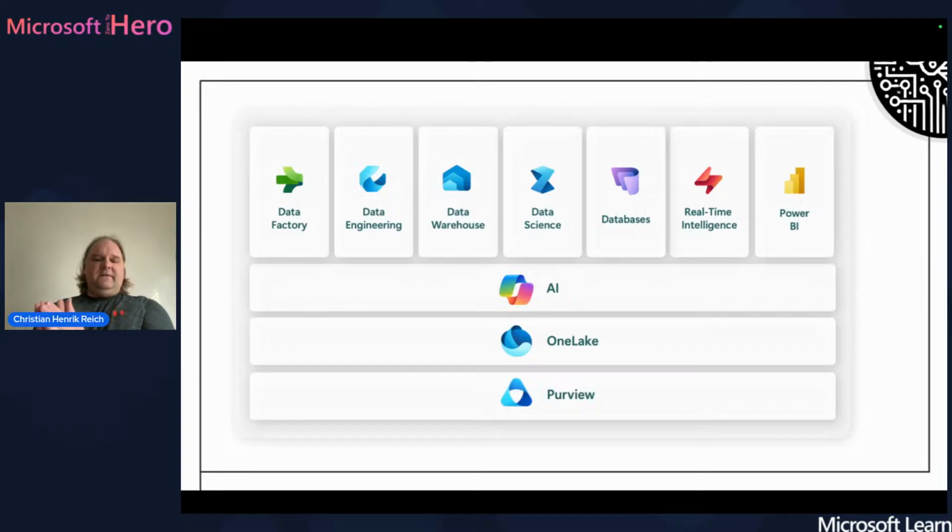And what we have in Fabric is OneLake, and OneLake can somewhat remind you of a traditional Data Lake Gen 2. It's actually the same technology, and it's residing in a Power BI workspace. But we have all these data services which can access the same data.